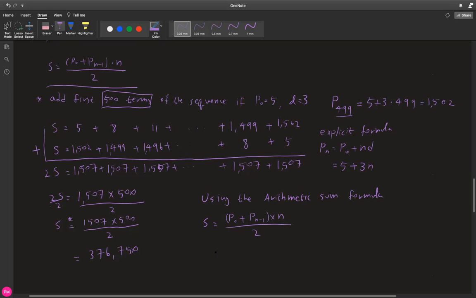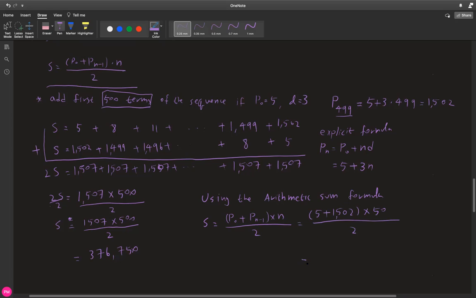So what do we have? If you do this, we know the first term is 5, and we also found here that the last term is 1502. And you're multiplying that by the number of terms, which is 500, and dividing it by 2.